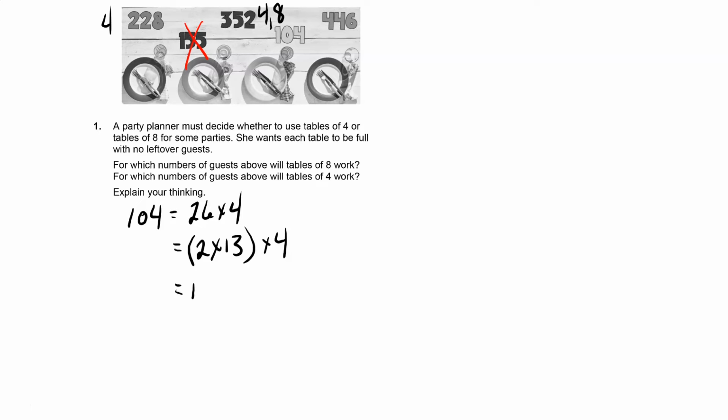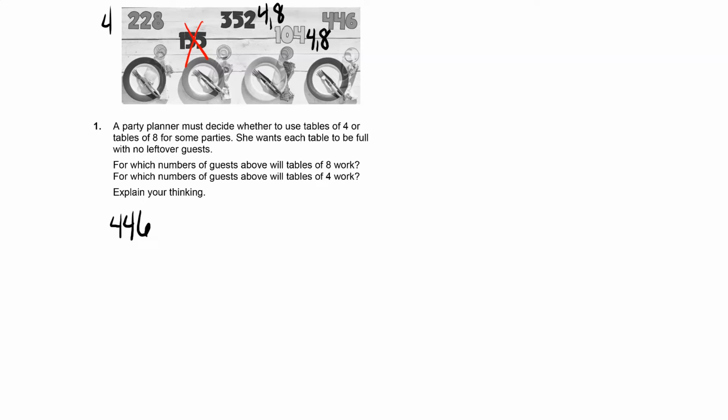I can take out the brackets, so I can have 13 times 2 times 4. And then I can do the multiplication in a slightly different order. I can do my 2 and 4, multiply them together, so I have 13 times 8. By doing that rearrangement, I can see now that I've got a multiple of 8, so 104 is divisible by both 4 and 8.